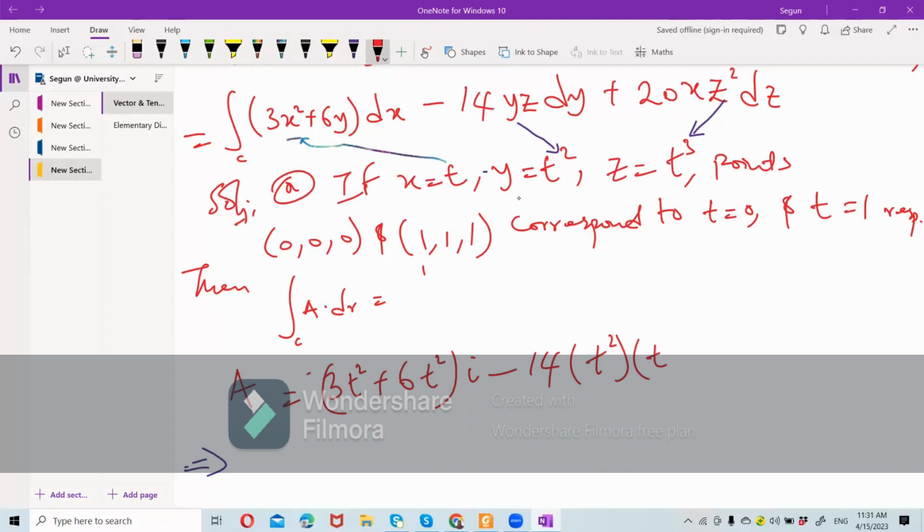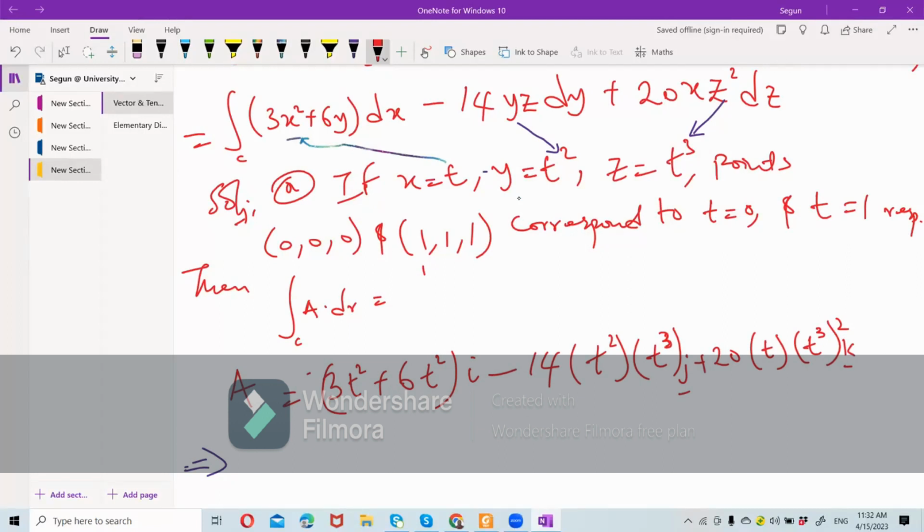Z is 3 plus 20t cube raised to power 2. This one is j plus k.